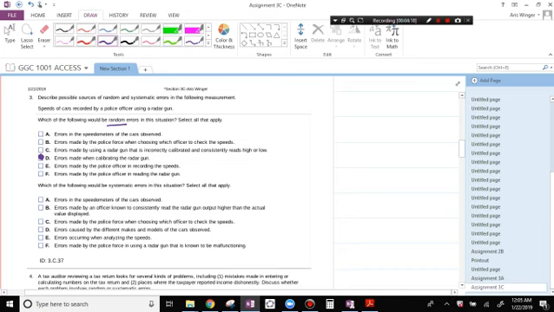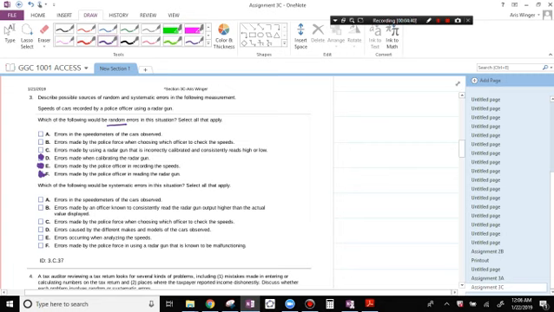Errors made by the police officer in recording the speeds, and errors made by the officer in reading the radar gun. So those are just errors that aren't intentional, aren't predictable. It's D, E, and F. Which of the following would be systematic errors in the situation? Select all that apply.